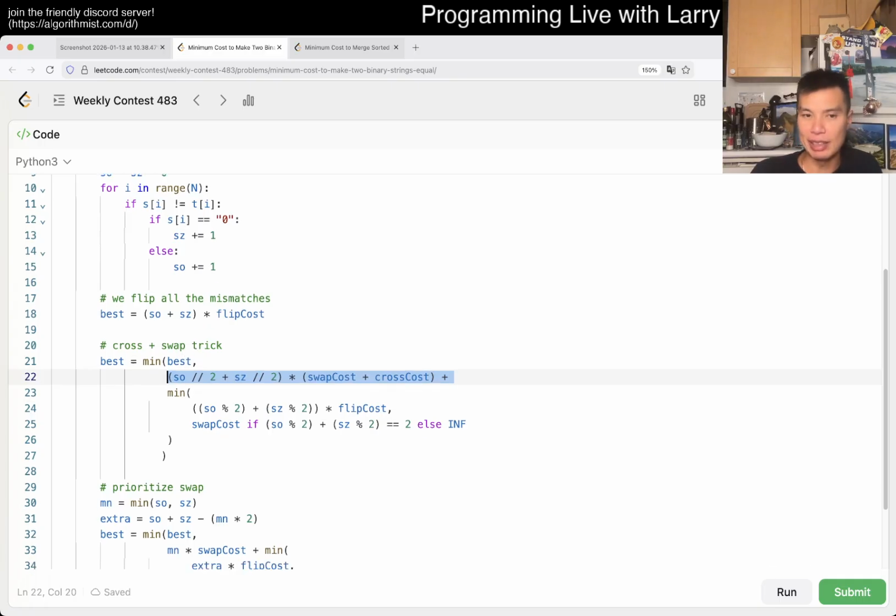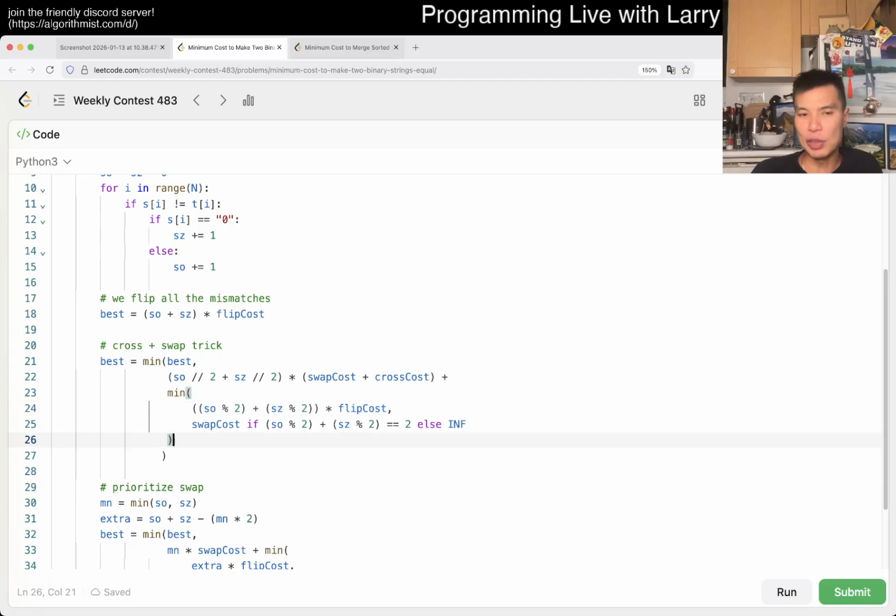And this is basically what it does. For the leftovers, we just flip them. If you have 1 leftover, you can flip it. You can only have 1 leftover per digit, per 0 or per 1, right? Because you paired everything else.